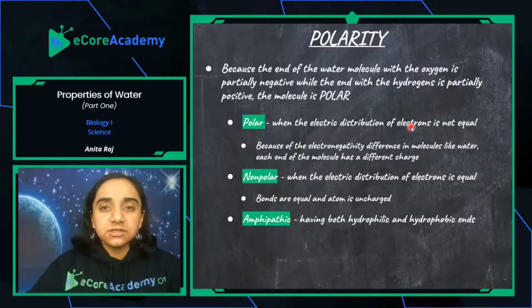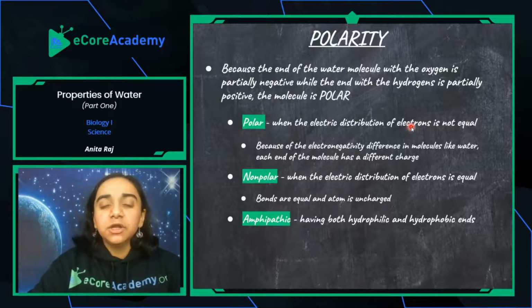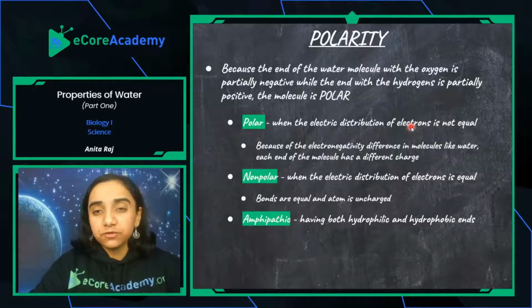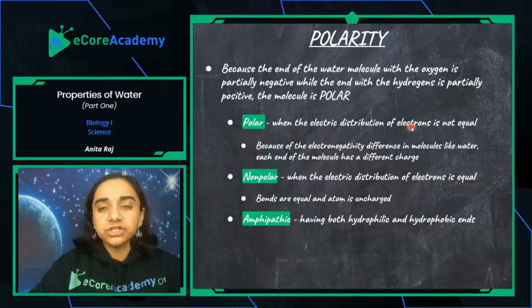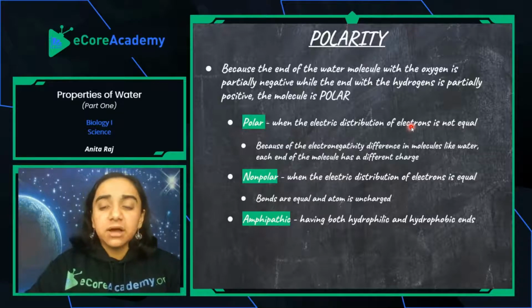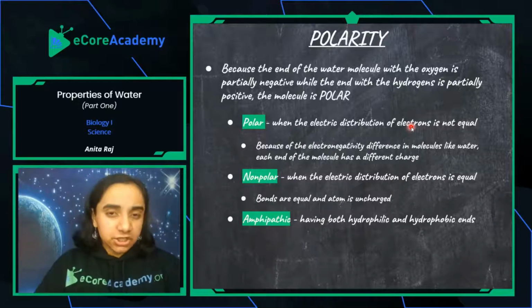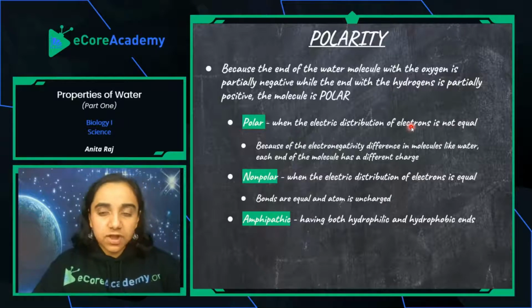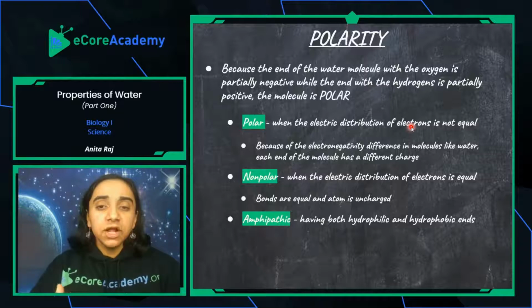So what this means is that in the water molecule, the oxygen atom was partially negative because it kept those 4 electrons to itself, whereas the hydrogens were positive because the oxygen was pretty much just trying to pull hydrogen's electrons away from it because oxygen was more electronegative. Because the oxygen end of the molecule is more negative and the hydrogen end is more positive, the molecule is polar.